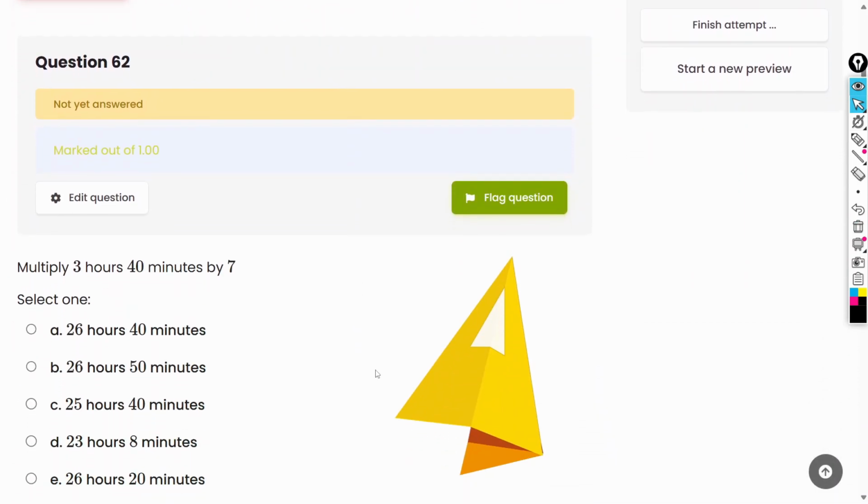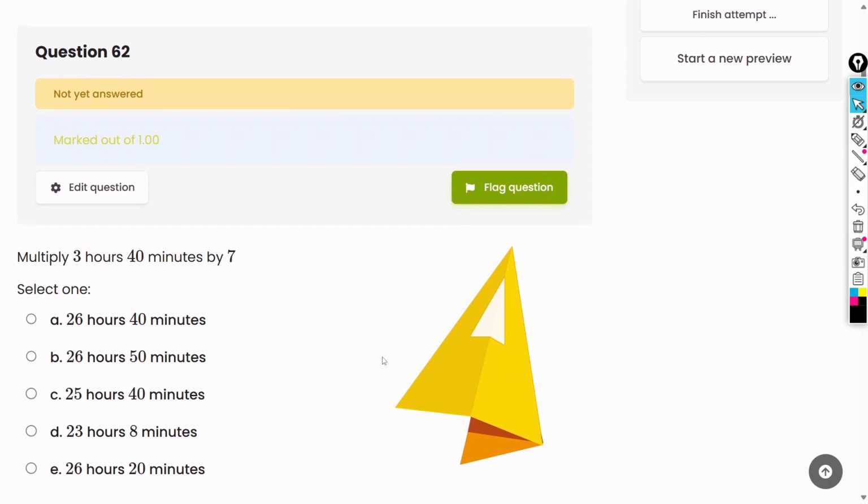Multiply 3 hours, 40 minutes by 7. Now, for questions like this, the easiest way is to change everything to minutes. You multiply by 7, and then you can change back to hours. Recall that 1 hour is 60 minutes.